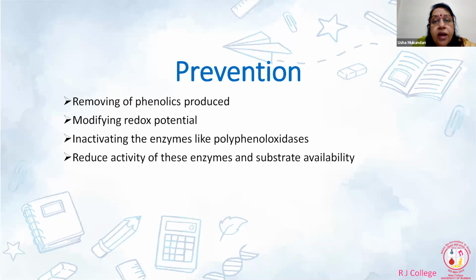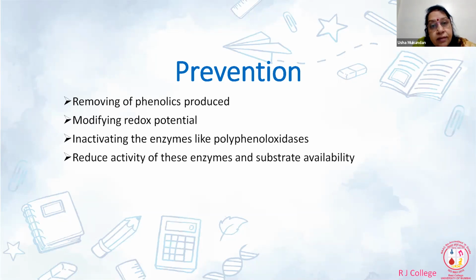Any enzyme requires a proper redox potential for its functioning. So you modify the redox potential, due to which the enzyme is rendered inactive. Then you inactivate the enzymes which are responsible for oxidation of these phenols. So you put substances which can inhibit the activity of enzymes like polyphenol oxidases.